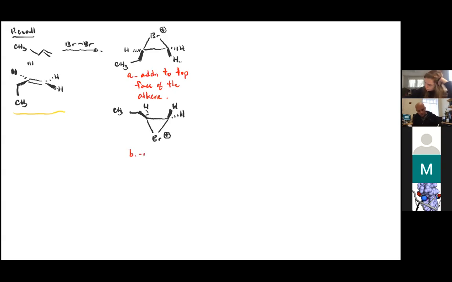So this is addition to the bottom face. Br minus is going to come in and attack this bottom bromonium ion here, or it's going to attack the top one, in that fashion. So it always attacks the more substituted carbon, and it's backside displacement.